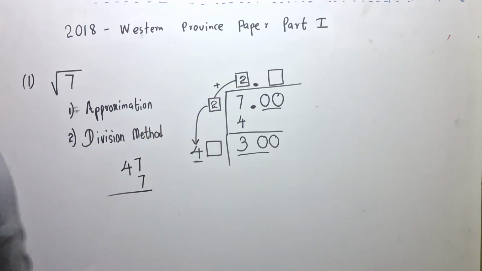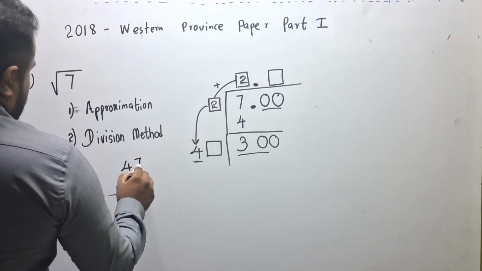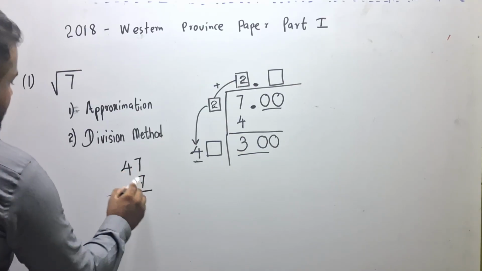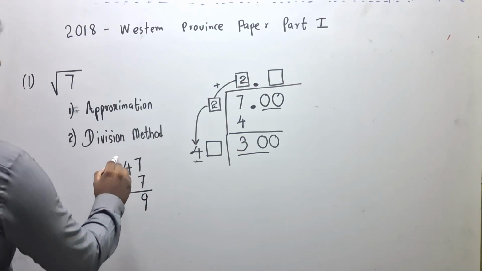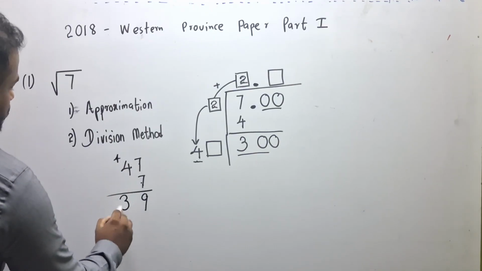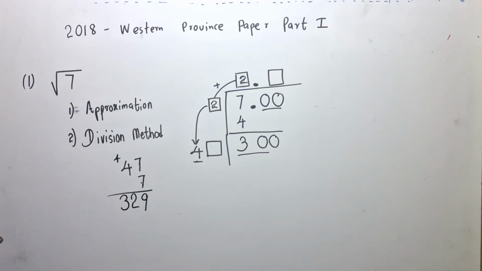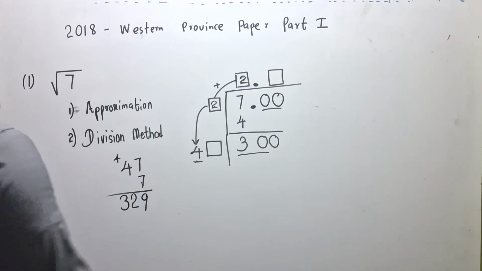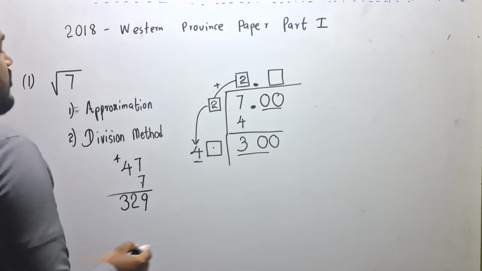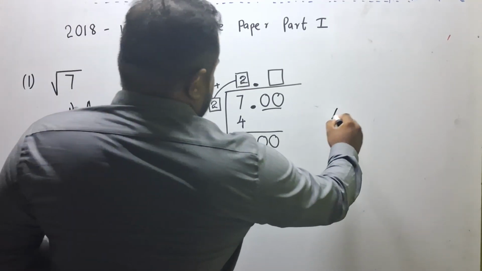Will it exceed 300? It exceeds 300, I know that, but we will check. 7 times 7, 49. 4 remains. 4 times 7, 28 plus 4, 32. It gave you 329. So 7 is not matching. If 7 is not matching, what do you have to input? You have to input 6.